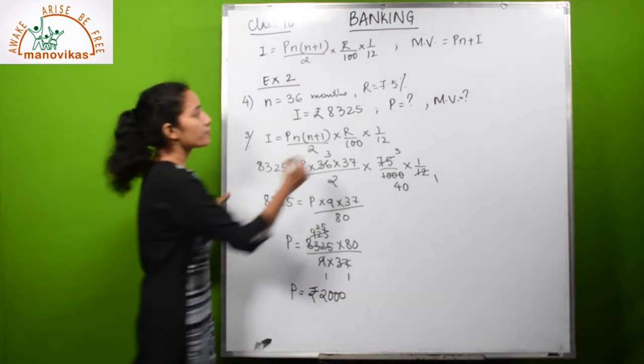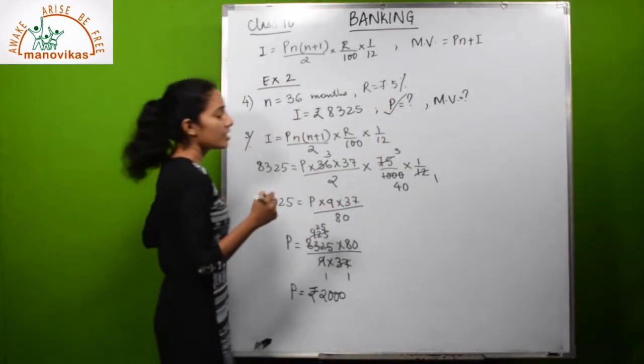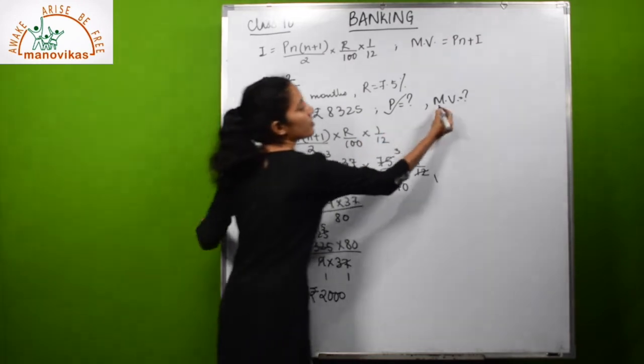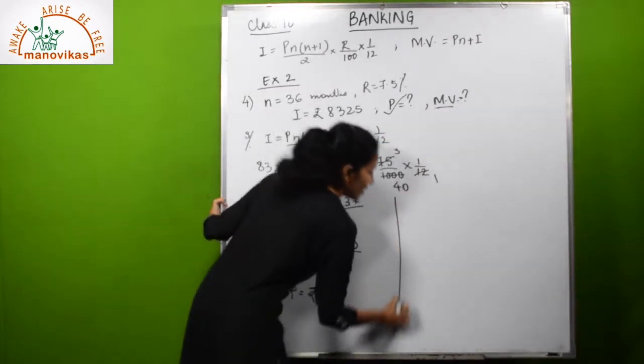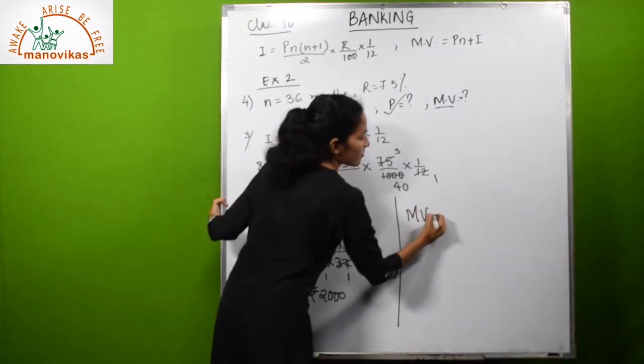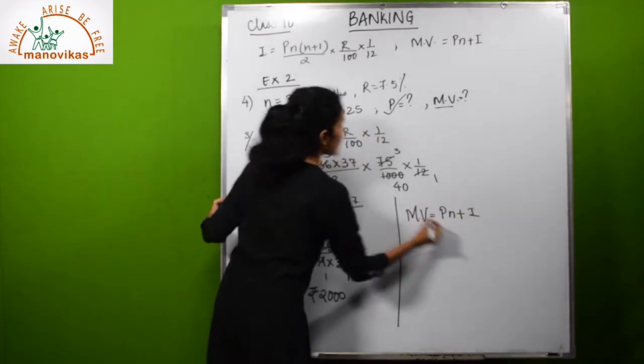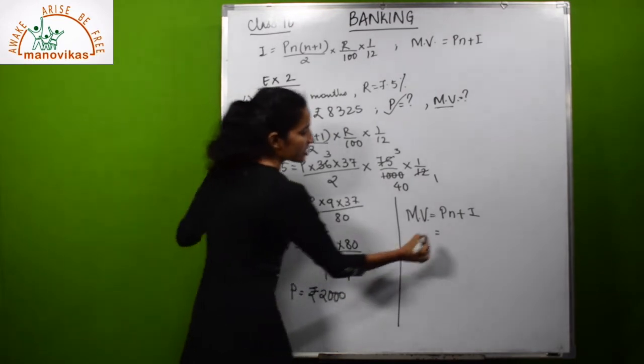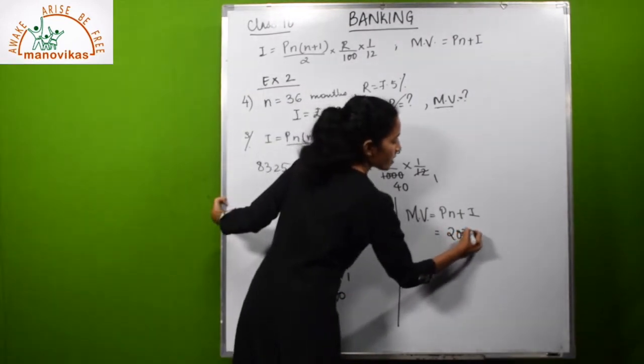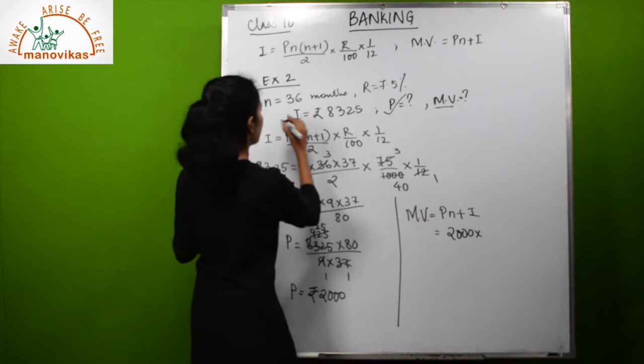Okay. So we have already calculated the principal. Now the next thing is to calculate the maturity value. The maturity value is given by Pn plus I. So what is P? We have just calculated it to be 2000 into N, that is 36.